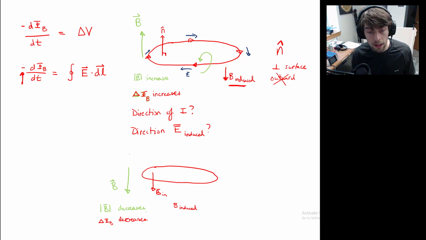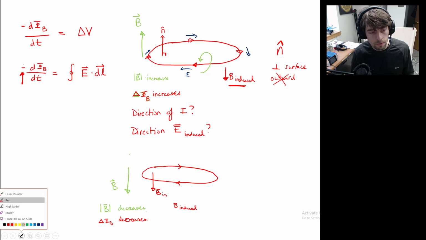So again, it actually turns out in this situation the current should be flowing, I guess this would be clockwise when viewed from above. And again, that ensures that the induced magnetic field is pointing down when we're inside the loop.